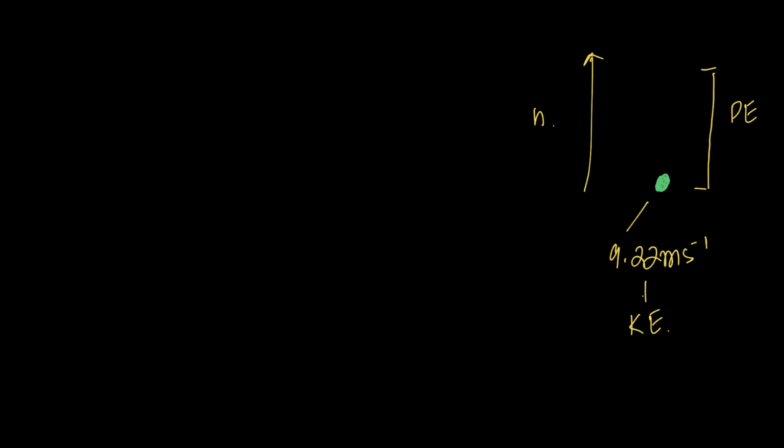So kinetic energy for this vase will turn into gravitational potential energy. Very straightforward. But we don't know the mass of the vase. Would that affect us? Let's take a look at if it does affect us.